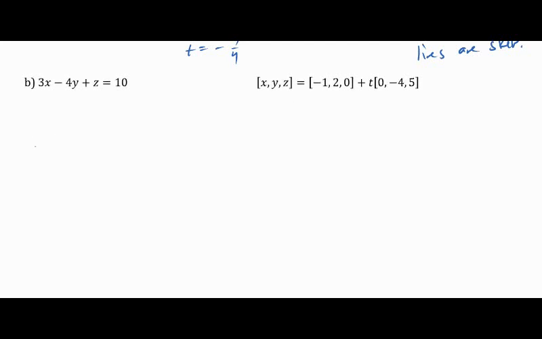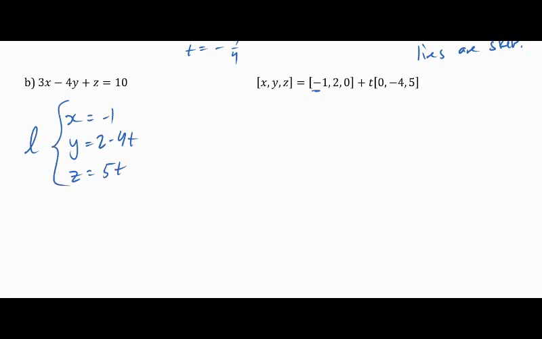So I'm going to rearrange the equation of the line into parametric form. So x equals negative 1 because it's negative 1 plus 0t. y equals 2 minus 4t, and z equals 0 plus 5t, so 5t.